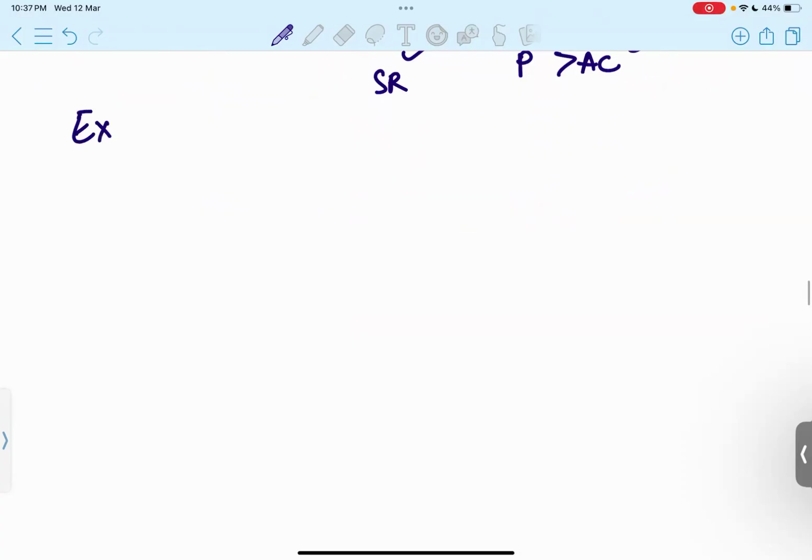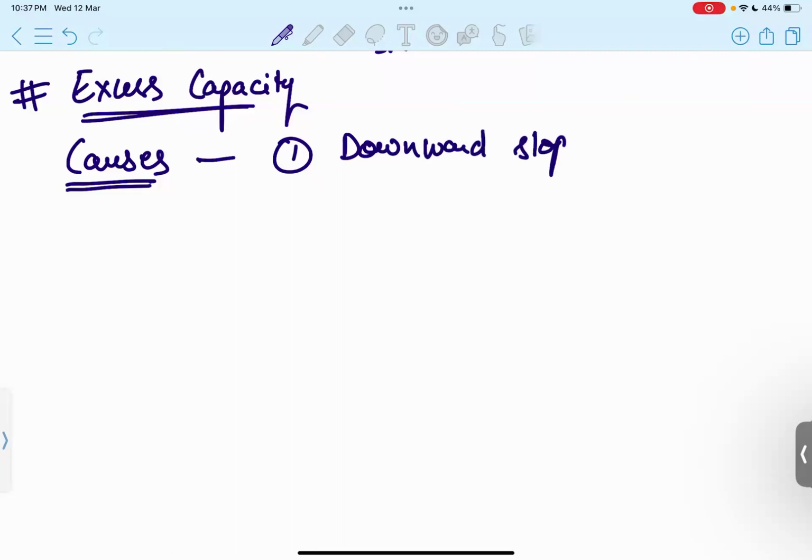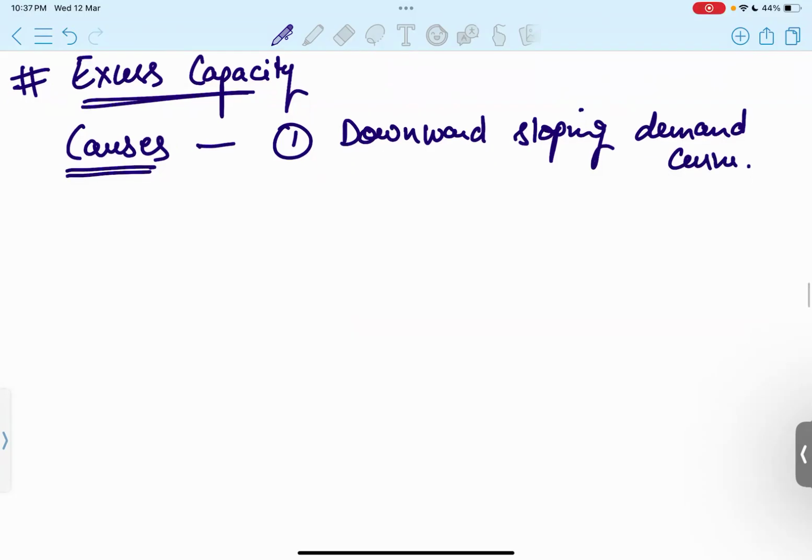Since we introduced a new term, excess capacity, we'll discuss it a little more. What are the causes behind the occurrence of excess capacity? One is the downward sloping demand curve. That is a reason that excess capacity would be there. Why is it a reason? Because of product differentiation, the demand curve becomes downward sloping.